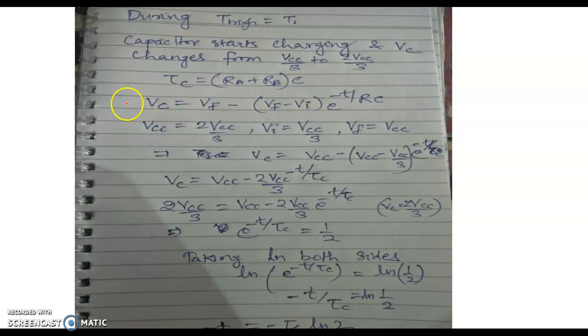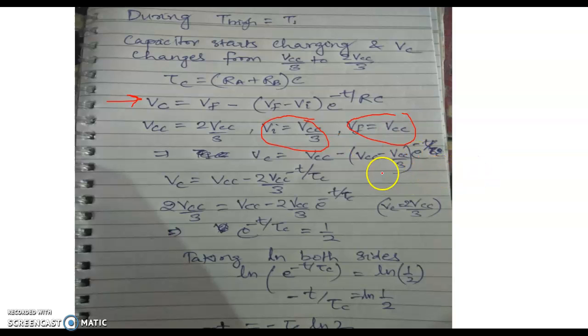First of all, we use transient analysis of the capacitor. The capacitor will charge as VC is equal to VF minus VI into e power minus t upon tau. Initially, our capacitor is charged to VCC by 3 and finally charged to VCC, and the threshold voltage at the 555 timer is 2 VCC by 3.